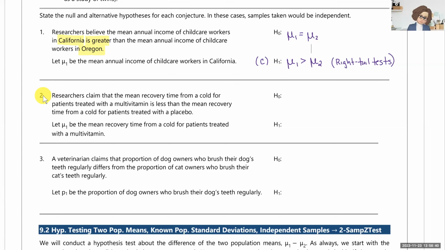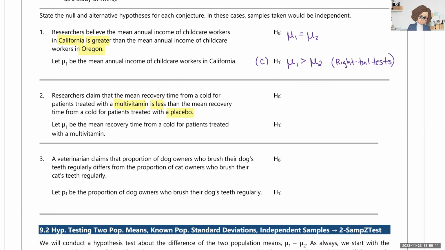Number two, researchers claim the mean recovery time from a cold for patients treated with a multivitamin is less than the mean recovery time from a cold for patients treated with a placebo. So we have one group getting a multivitamin, that's our first population, and they claim that is a smaller recovery time, less than for those in our other population, people receiving placebos.